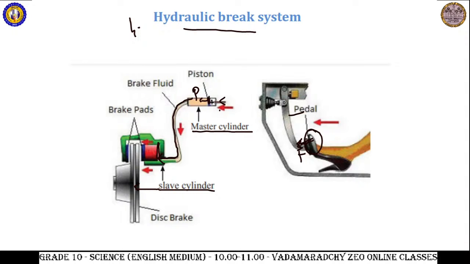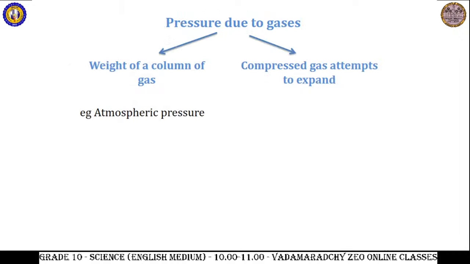Thereafter, as per the principle of pressure transmission, this pressure will be transmitted to the piston present in the slave cylinder. Thereafter, it causes the brake pads to press and apply a pressure on the brake disc. That is the way the hydraulic brake system works.